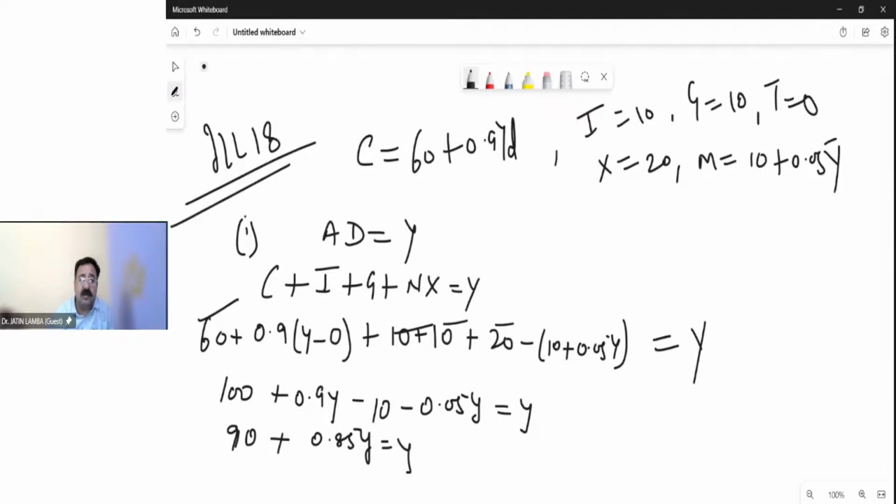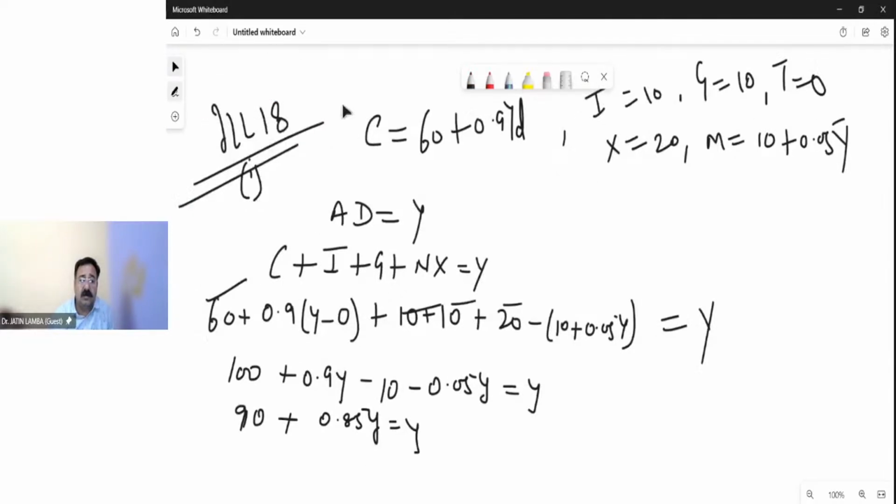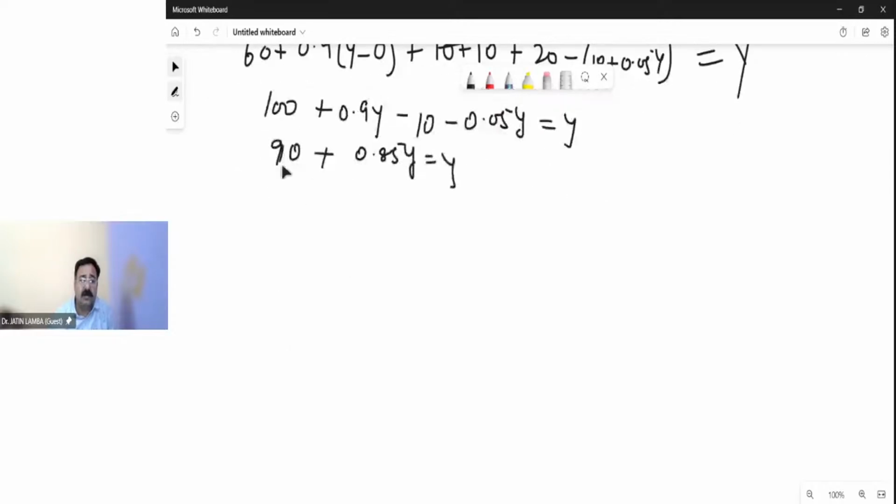Take it to the other side. So 90 is equal to y minus 0.85y.